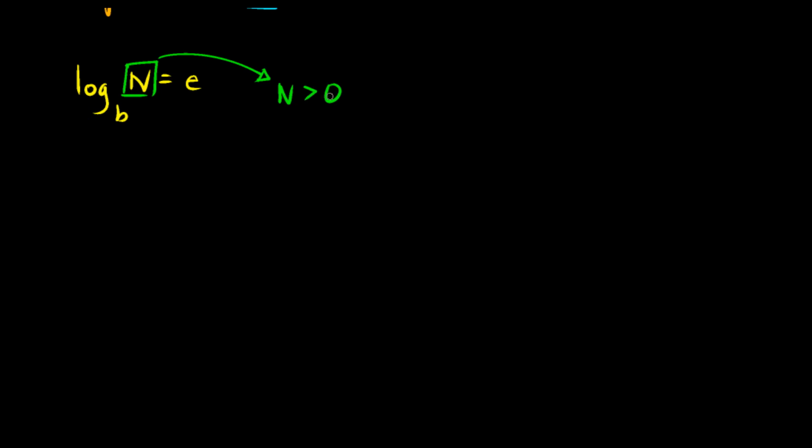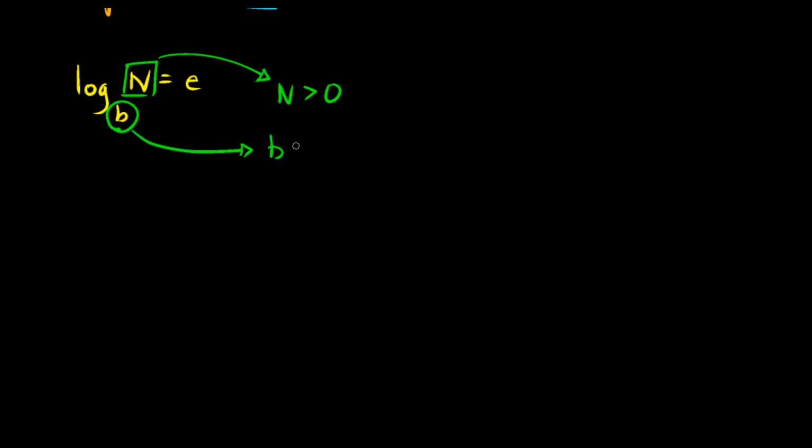It has to be a positive value. And the reason why is because if you have your base raised to an exponent, you're always going to get positive answers. It's always going to be positive. It's impossible to get the negative. Now, the base also has restrictions.